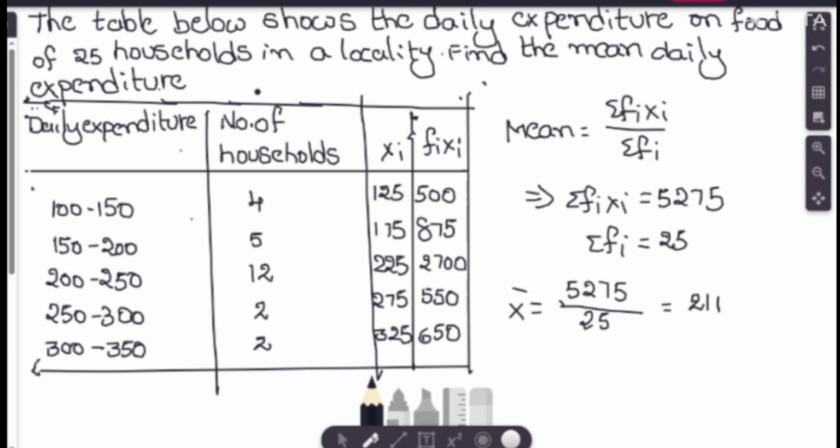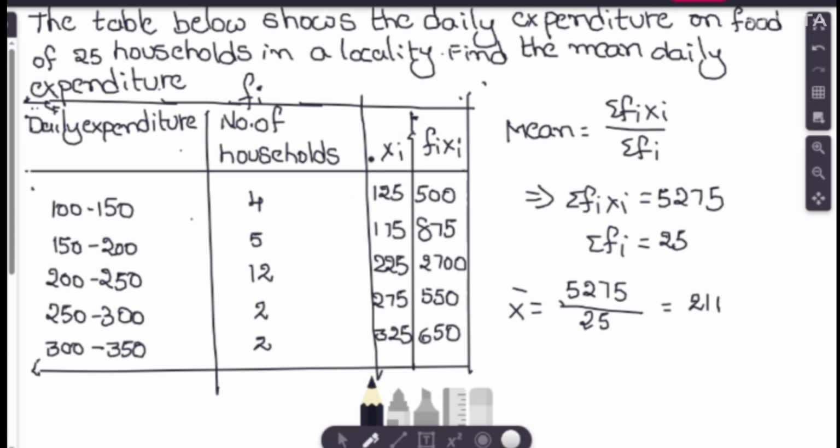Now these come under frequencies. Number of households comes under frequencies, fi. Here 100 to 150, 4 houses. Like that till 300 rupees to 350 rupees, how many houses they gave.